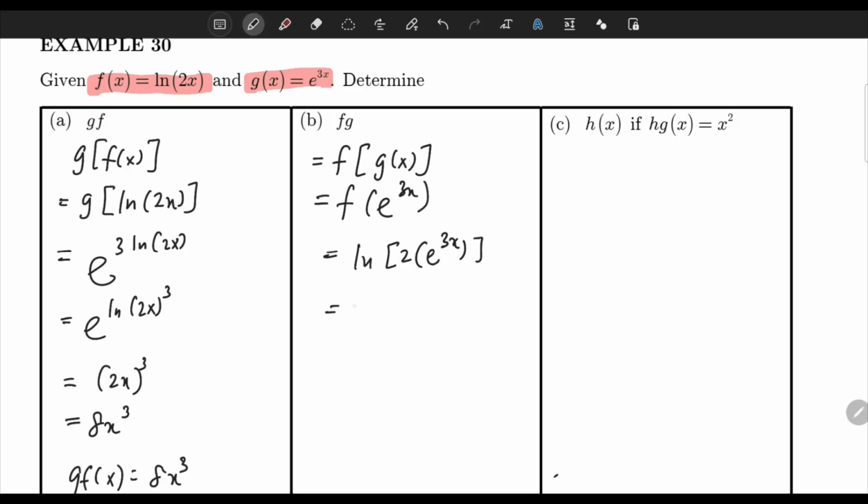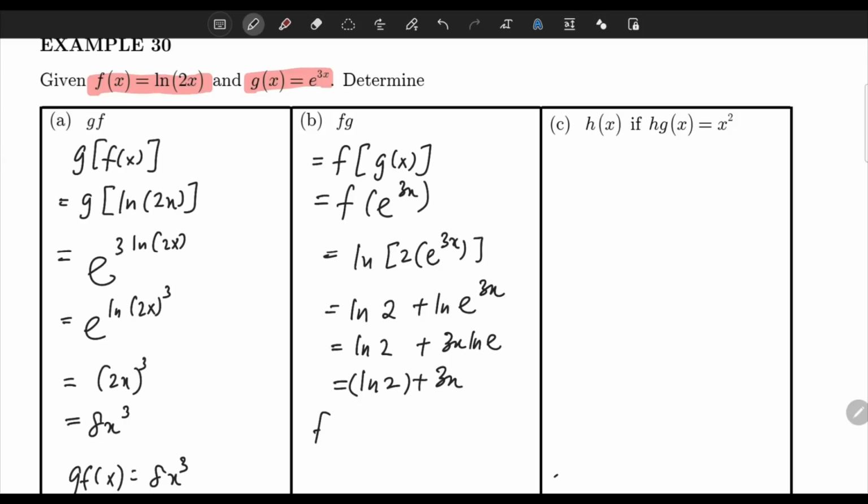Okay, so we use the laws of logarithm, so ln 2 plus ln of e to the power 3x. So we have ln 2 plus 3x ln e. So that will be ln 2 plus 3x.